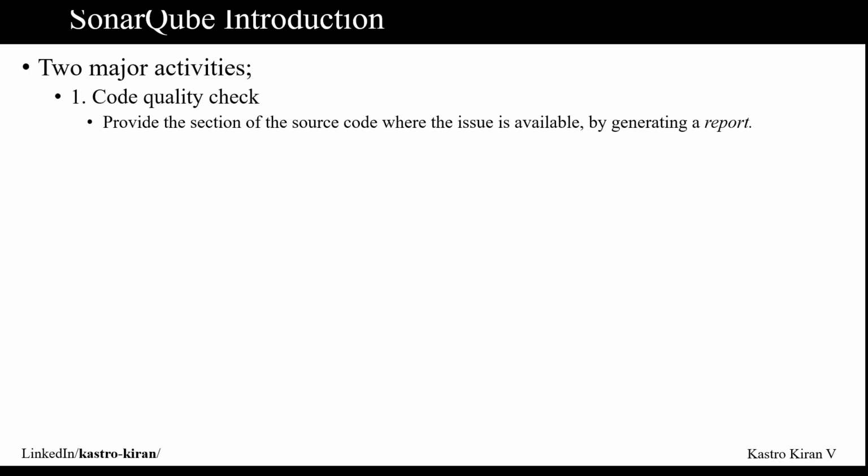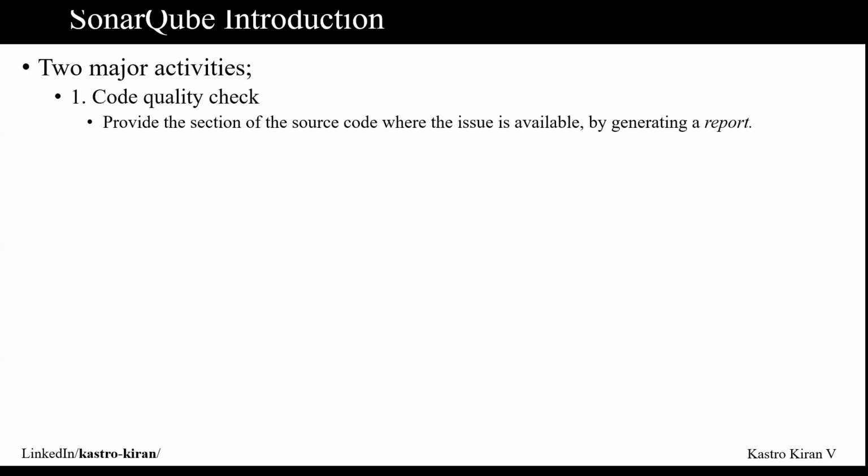So what will SonarQube do? SonarQube will help us find the bugs, vulnerabilities, code smells, and a couple of other things, and it will generate a report. Along with that, it will also tell you which particular part of the code contains the issue. That's the main important aspect of SonarQube.